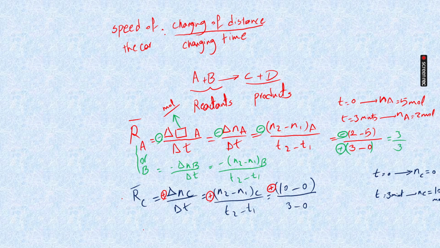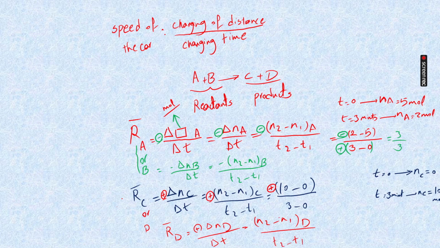And for D, for example, the average rate for D should be positive delta nD over delta t. It should be n2 minus n1 for D over t2 minus t1.